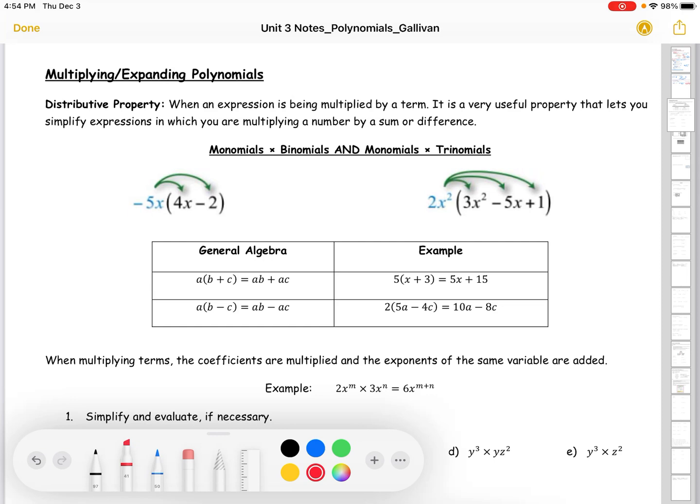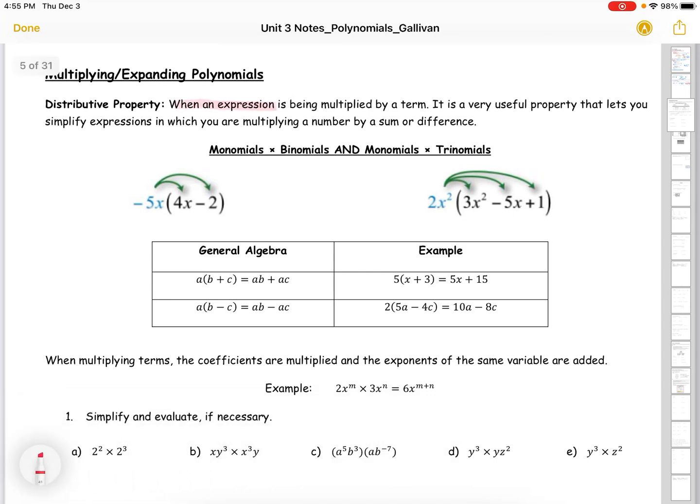Same thing when we're multiplying and expanding polynomials. If I have a factor, or when an expression is being multiplied by a term, the distributive property makes sure that you are distributing that multiplication to everything within the brackets, okay?